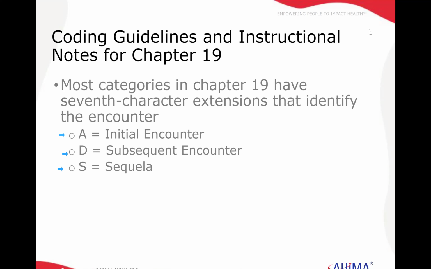With this, it's very important to get your head around the fact that if we have A, D, and S as a seventh character, it has to go in the seventh place. That means that if the rest of the code doesn't have 6 characters, you need to use X's as the placeholder to make sure that that A, D, or S goes in the 7th character.